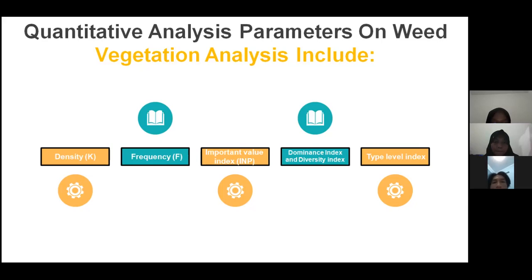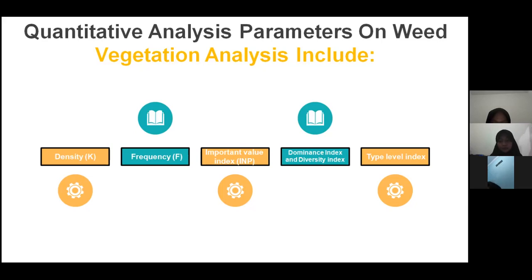Third, important value index. The important value index is a quantitative parameter that can be used to express the degree of dominance of species in a plant community. Fourth, dominant index. Dominant index is used to determine concentration and spread.